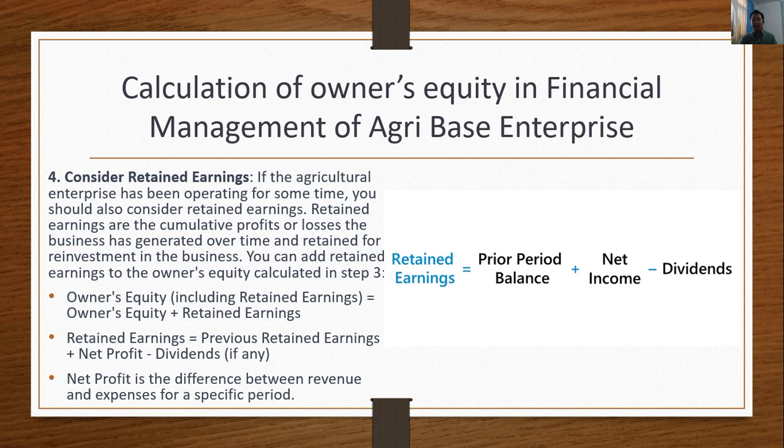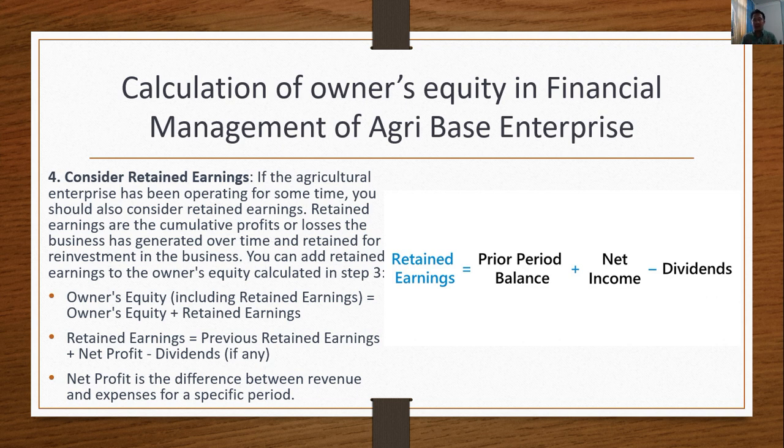And then consider retained earnings. If the agricultural enterprise has been operating for some time, you should also consider retained earnings. Our retained earnings are the cumulative profits or losses the business has generated over time and retained for reinvestment in the business.